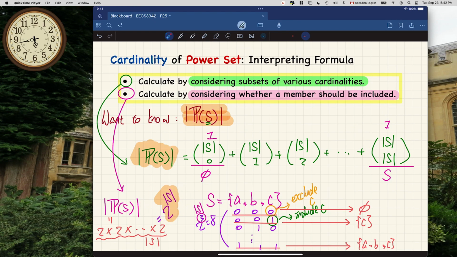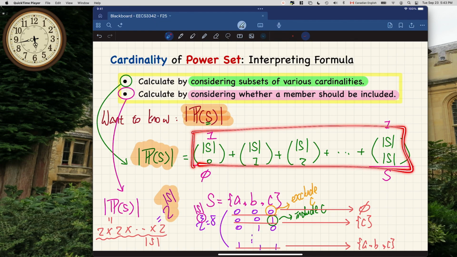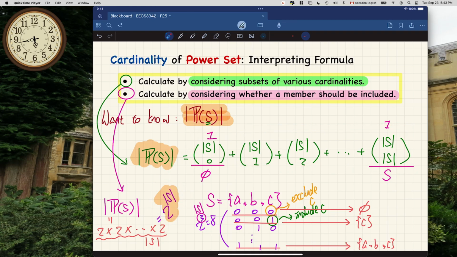I think there is a proof that's possible to show that this equation here is really the same as this one here. You can take it for granted, but we don't prove it in this course. So these are the 2 interpretations of the formula. You can choose the one that's applicable to you, but just make sure you understand how to interpret them. Questions? All good? All right, think about them, just in case you struggle.